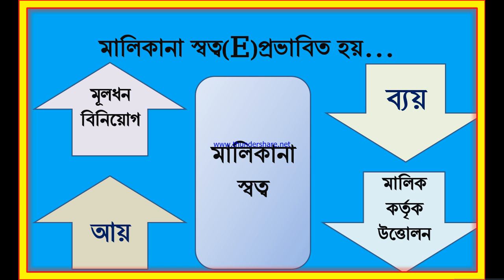Expenses and drawings by the owner, these 2 items will decrease the equity. Okay, these 4 items are very important for you to understand very clearly for calculation of the equation.